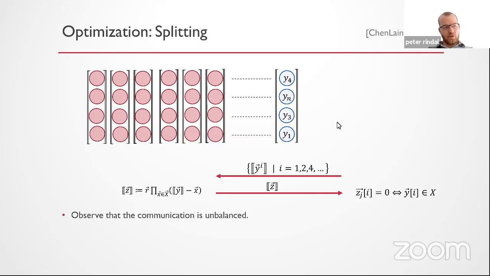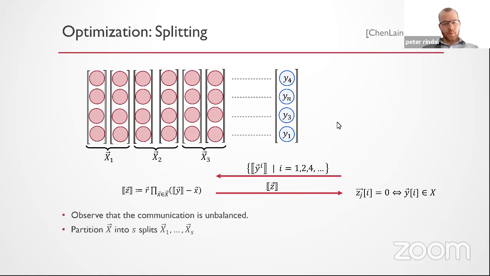And so this raises the question: can we slightly increase the amount of communication that we send back, not more than the first message, but that will allow us again to decrease the depth and improve the computational performance? That's exactly what we do. We split the big set X into S partitions. Then we run basically the same algorithm S times, S copies of it, and we send them all back.